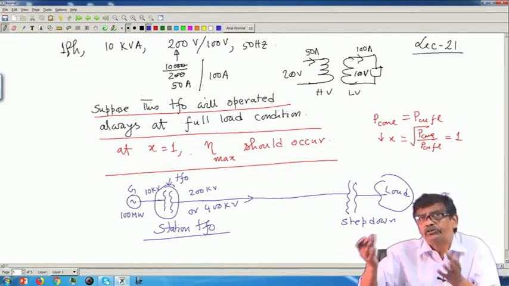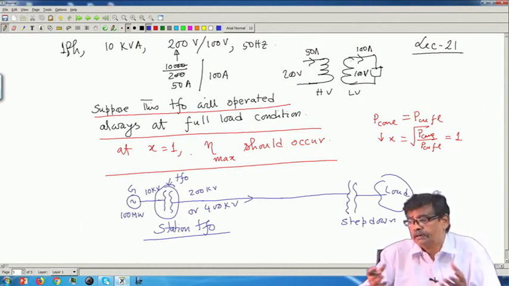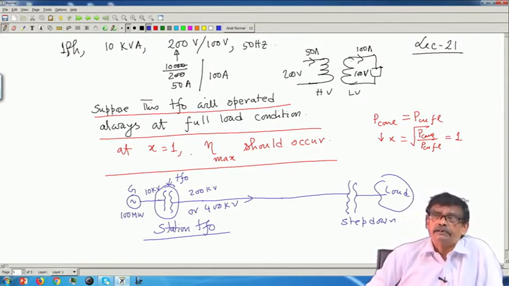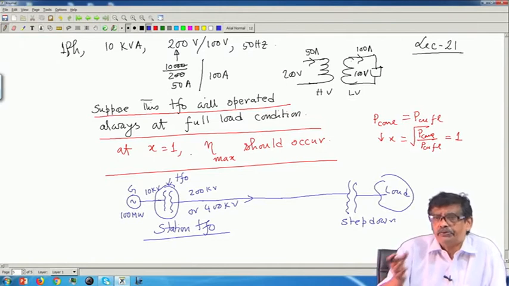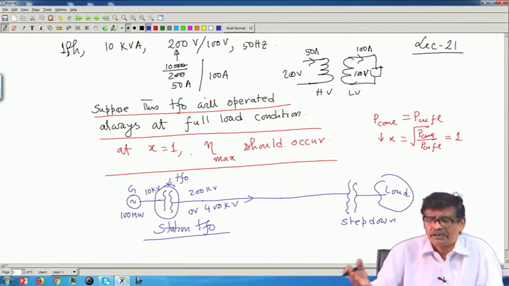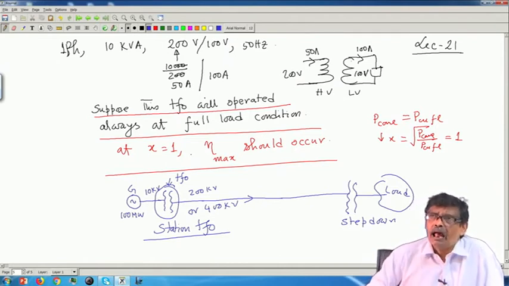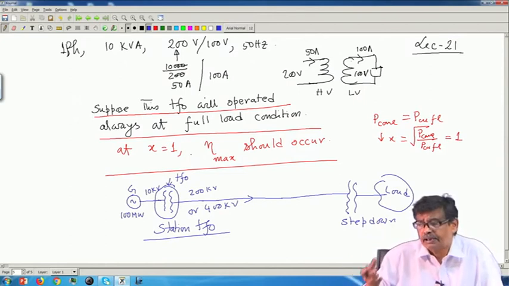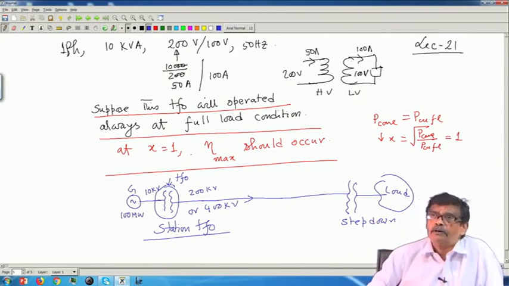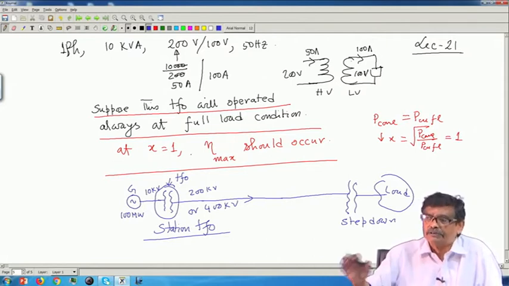But also see, in some industry, a transformer is used to step down or step up a voltage to a particular level, and here in shift duty things will work, and a particular transformer will be always operating at full load condition, whatever the load on the secondary of the transformer is.